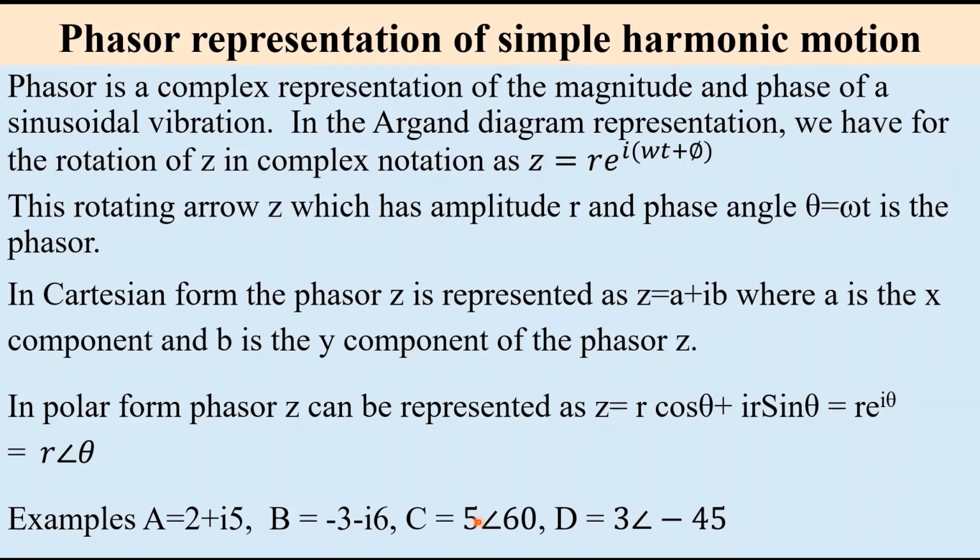So by representing the vibrations in terms of phasors like this, we can add and subtract different vibrations easily. So it is easier to calculate the resultant of the many vibrations.